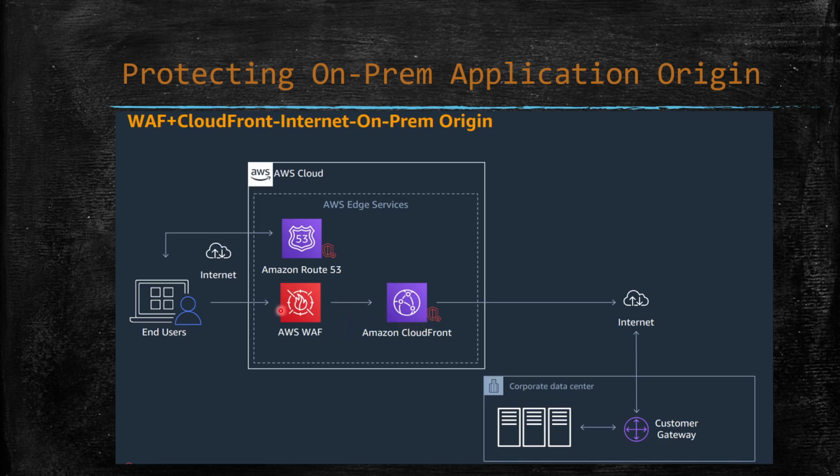On top of that, we'll have the AWS WAF. So the request comes from the internet, searches the domain name mapping, and goes to the WAF and CloudFront, does all the rule checking, and then serves your on-prem applications.